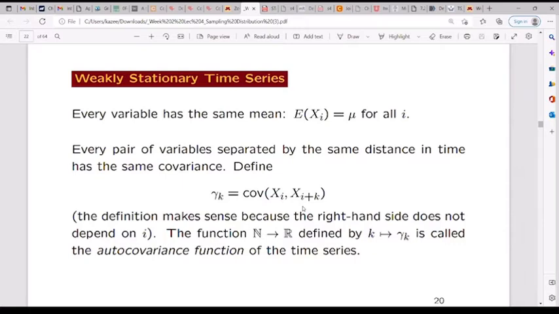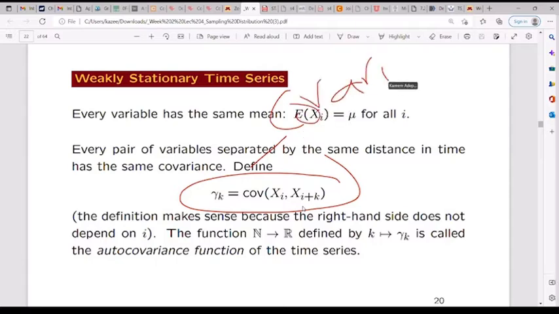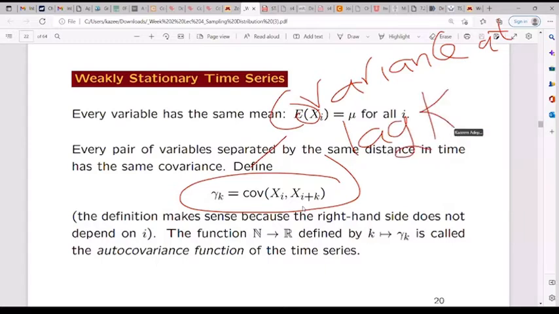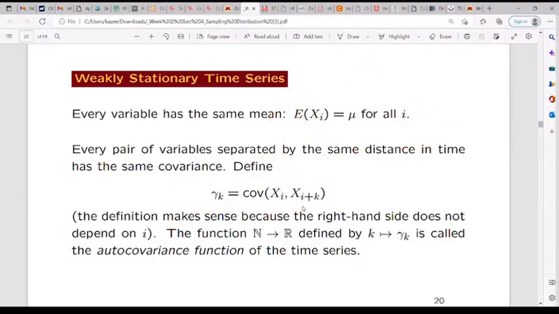If you take any pair of random variables separated by the same distance, we can define the covariance at lag k. We call that the autocovariance function, and the autocovariance function at lag k is denoted like that.